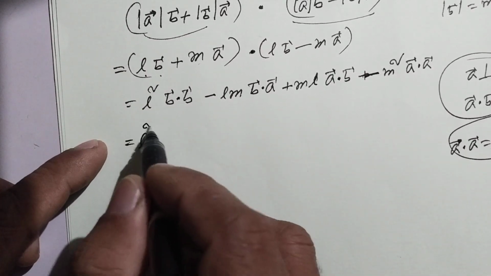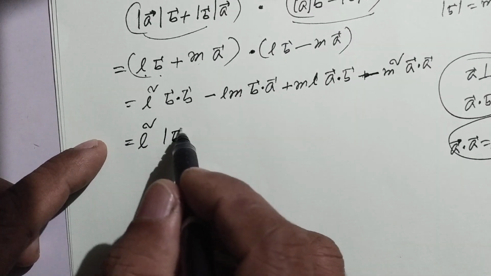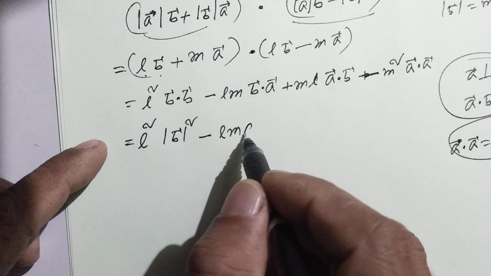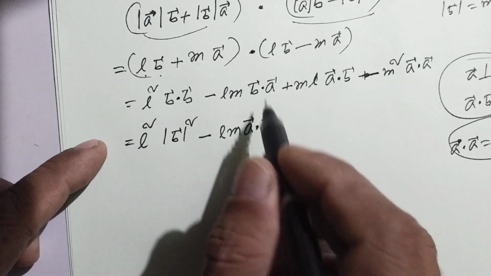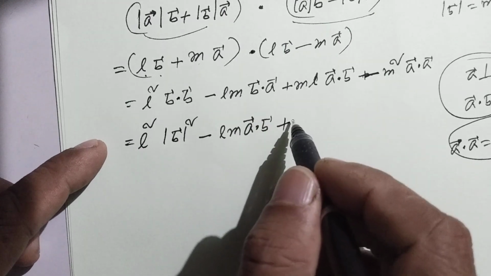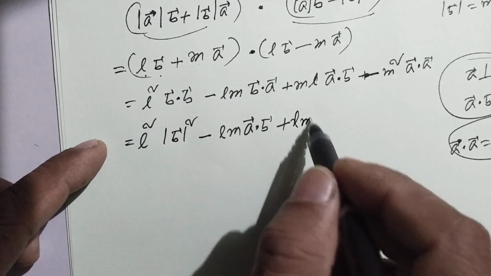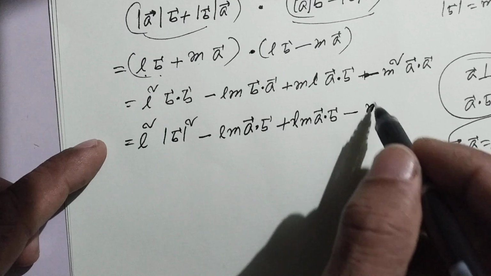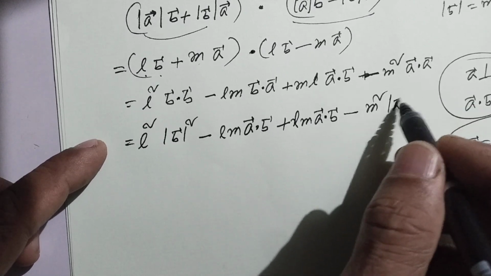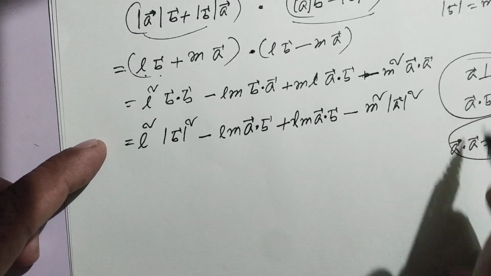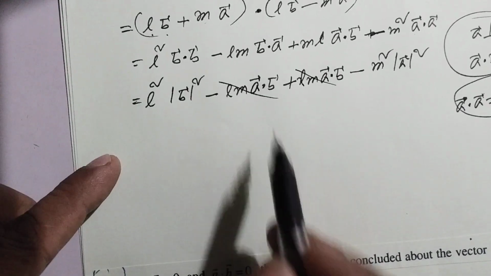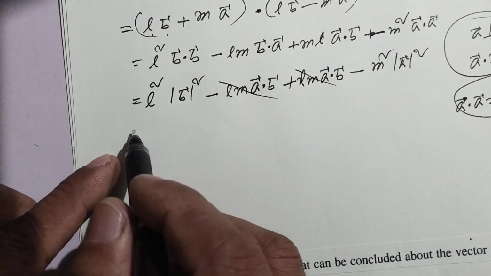So it is L square into B dot B, which is magnitude B square, minus L M, B dot A, plus M L or L M, same thing, A dot B, minus M square. A dot A is magnitude A square, which we have discussed here. Now this term is getting cancelled because equal terms with plus and minus get cancelled.